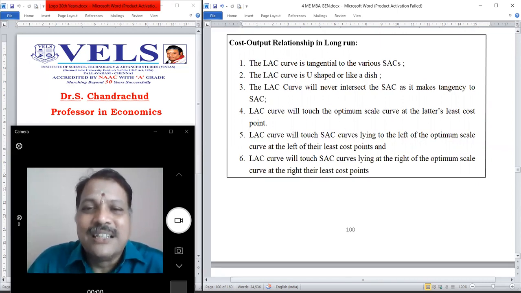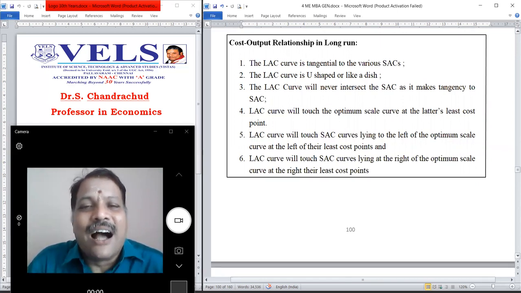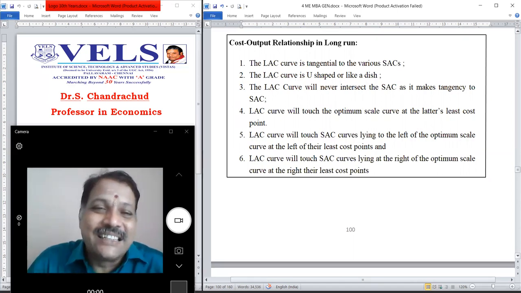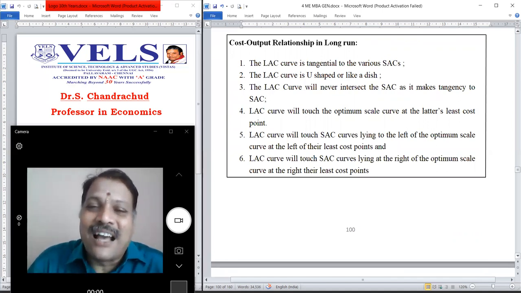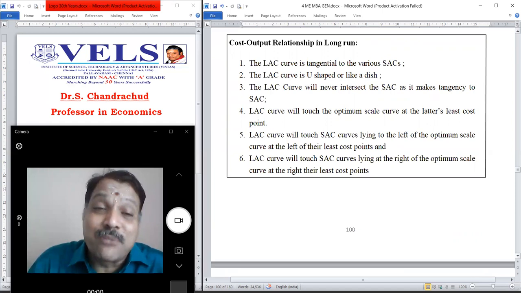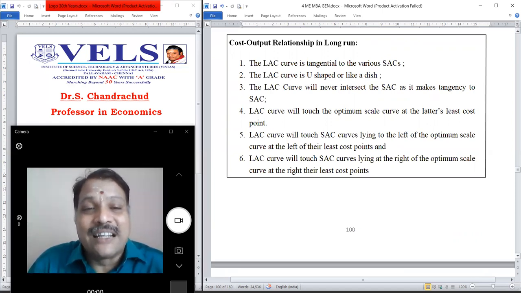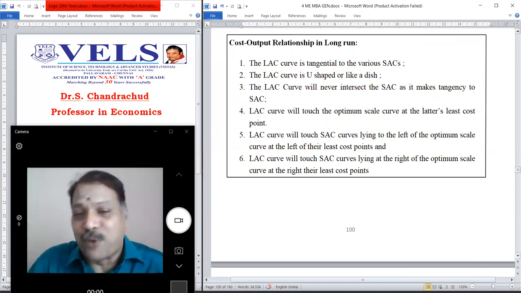The third one is that the long-run average cost curve will never intersect the SAC, as it makes a tangency with the SAC. Fourth, the long-run average cost curve will touch the optimum scale curve at the least cost point.